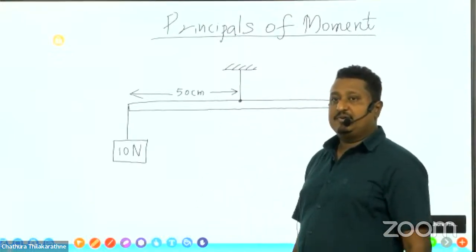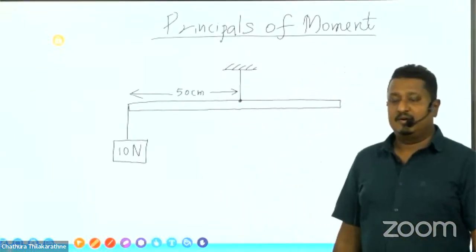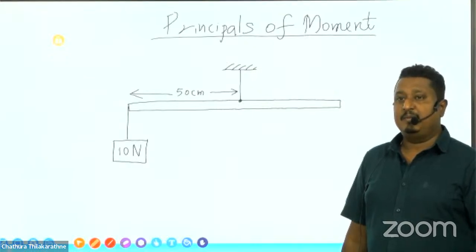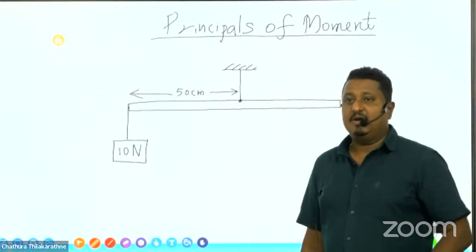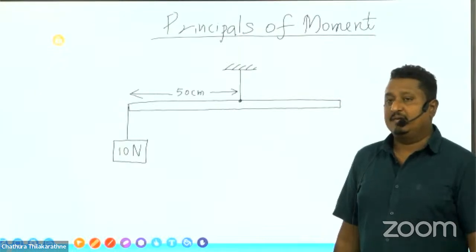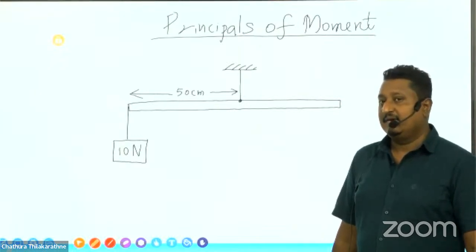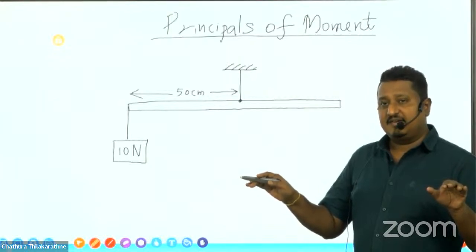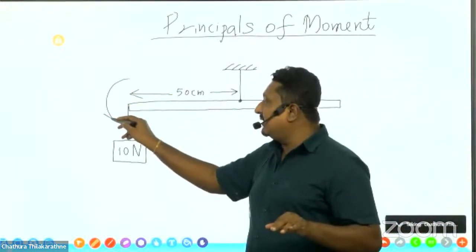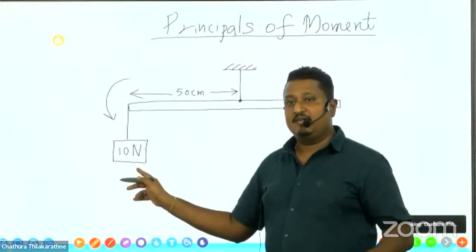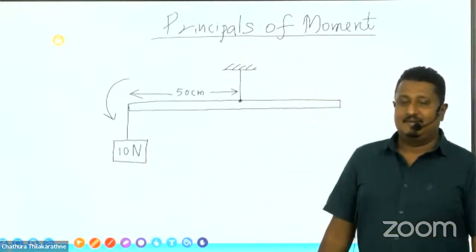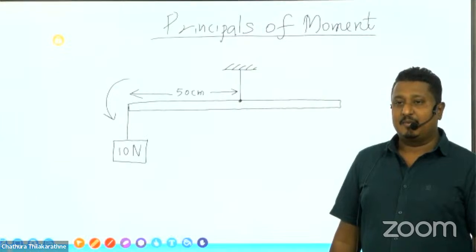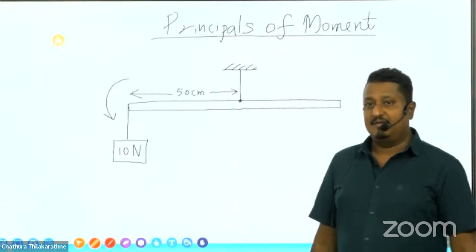What will happen to the balance of the ruler? Yes, it will be unbalanced. The equilibrium of the ruler will be lost. The reason is the object gets an anticlockwise moment due to this force. It gets an anticlockwise moment, also known as left hand moment.